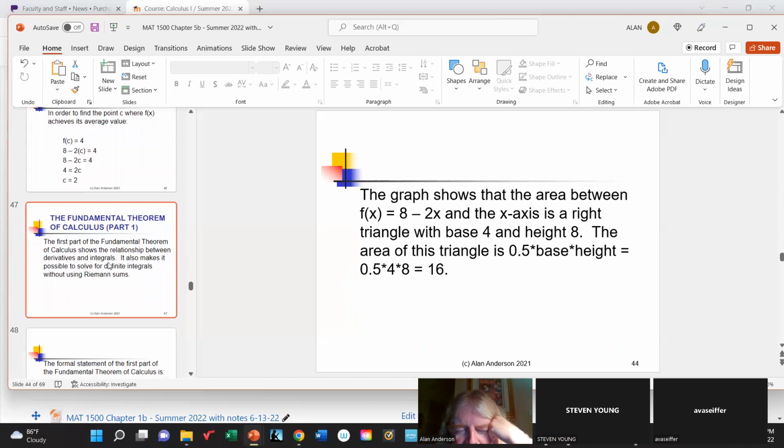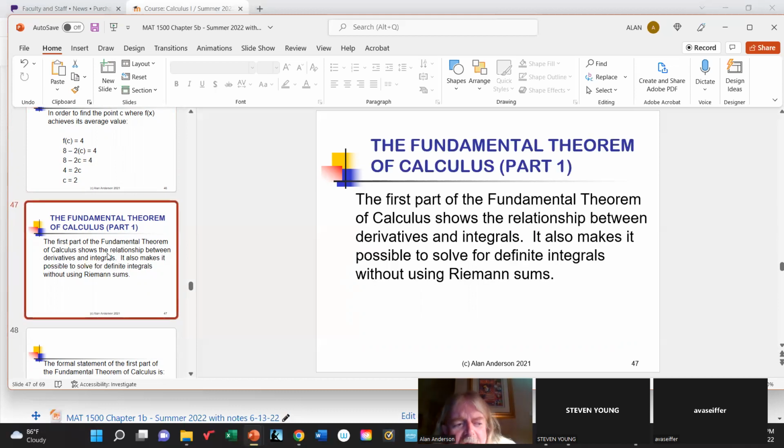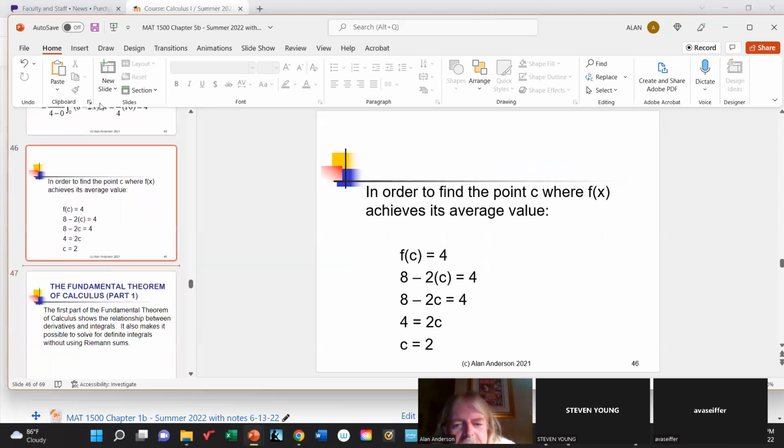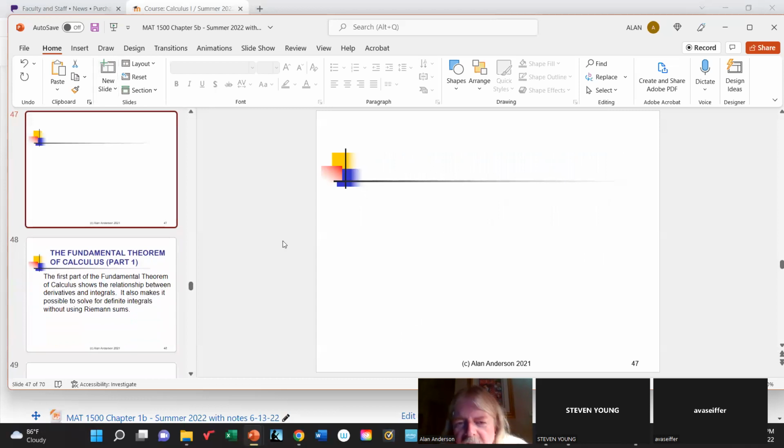Now we're going to introduce, we already mentioned this the other day, something that's very important in calculus, and you can tell because of the name, it's called the fundamental theorem of calculus. Now, it actually consists of 2 parts. It's really the second part that we're interested in right now. We shouldn't neglect the first one. But it's the second one that really provides the justification for how we are solving for our definite integrals. In other words, this technique that we used up here, let's just quickly review that one more time.